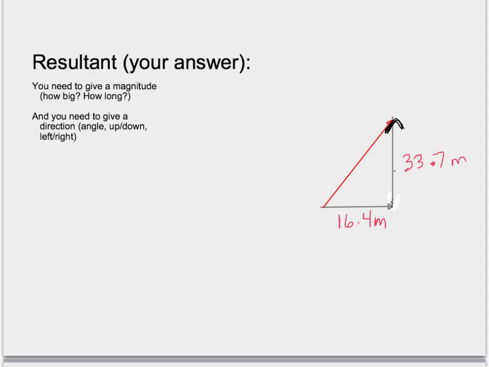So based on our answers of the previous slide, we have 16.4 meters going to the east, 33.7 meters going to the north, and we want to find our resultant.